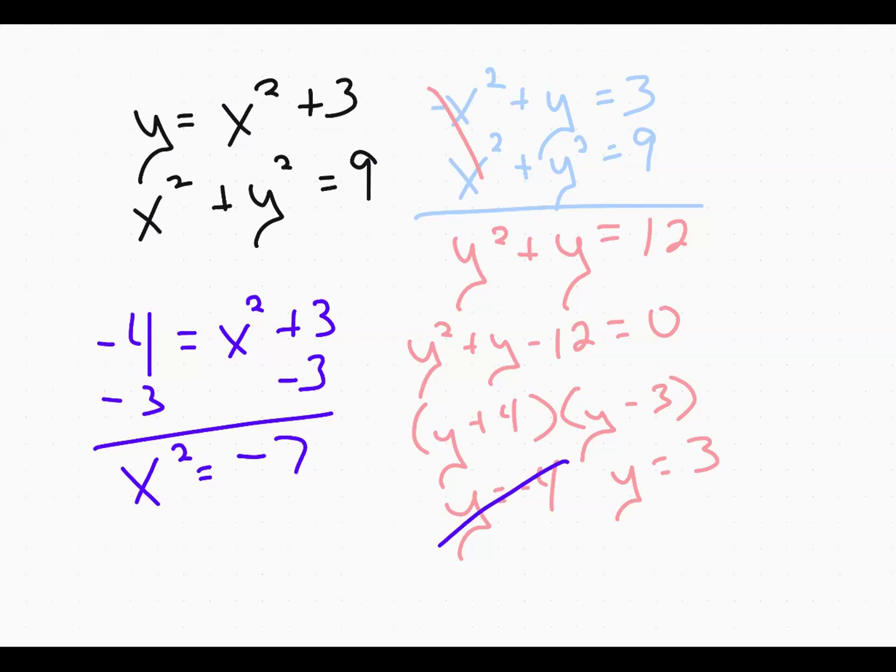So now I'm going to do the same thing again, but with the 3. So this time I'm going to plug the 3 in. I subtract the 3 off. I end up with x squared equals 0. So x equals 0.